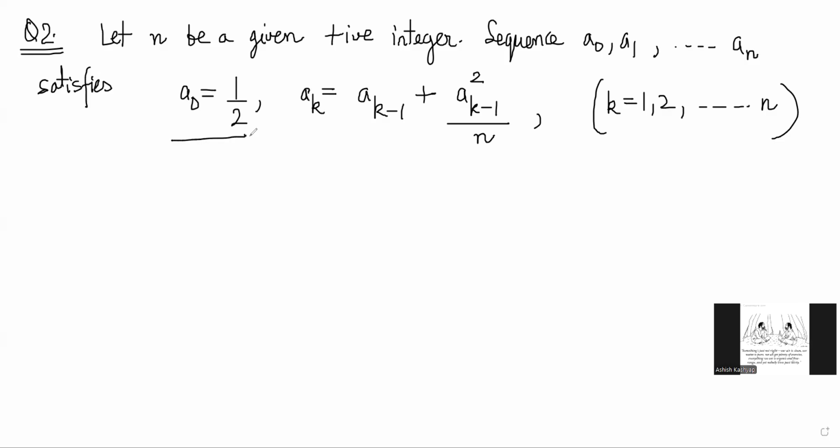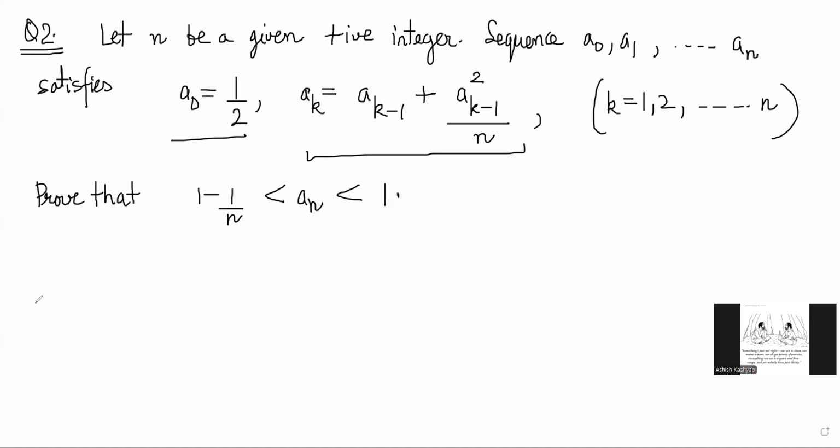So these are the conditions satisfied by the sequence, and we have to prove that 1 minus 1 by n is less than An is less than 1. We have to establish this inequality for the last term of the sequence, and these are the relations being satisfied.